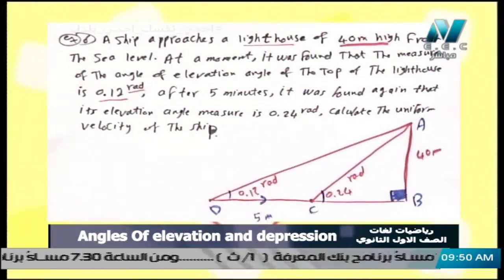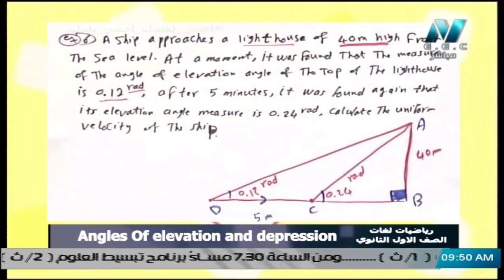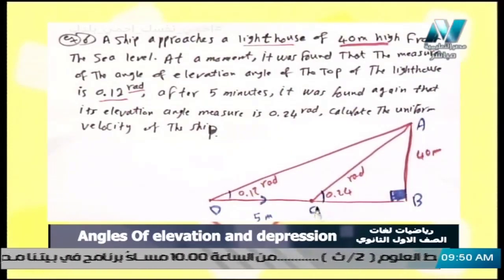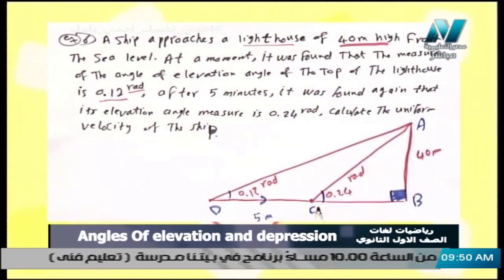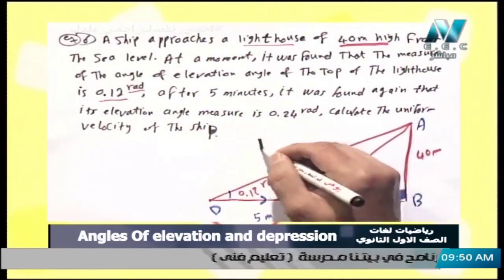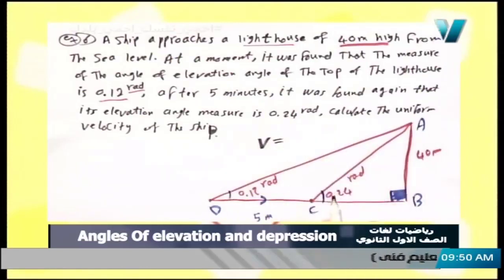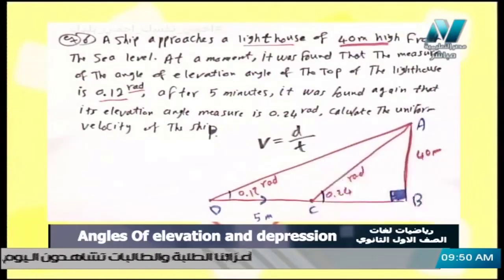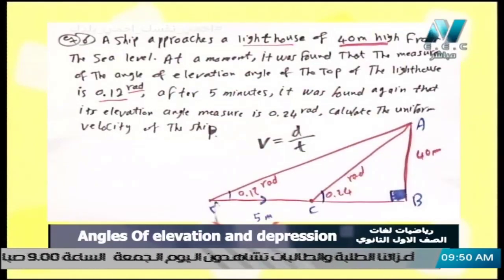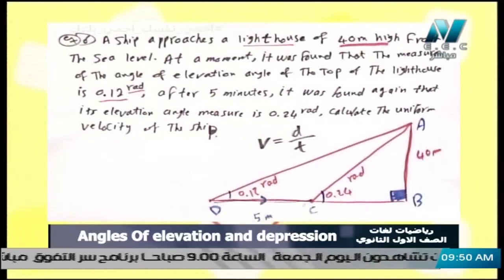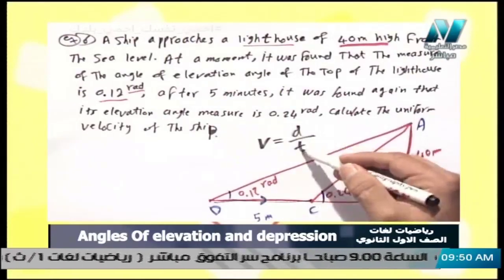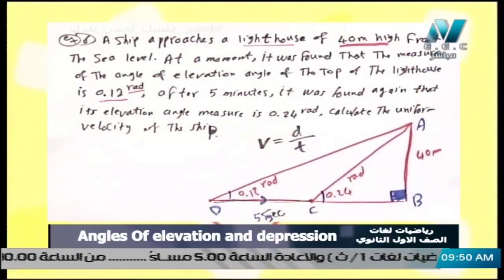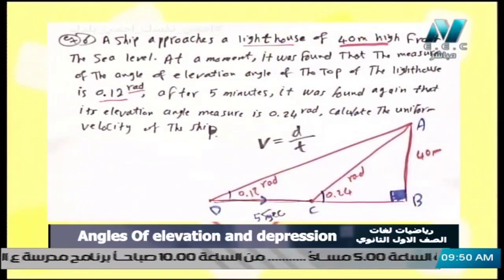Someone says that's physics: to find the speed v, you have to find the distance and divide it by time. So if we succeed to find the distance DC and divide it by the time, which is 5 minutes, then we will get the uniform velocity.